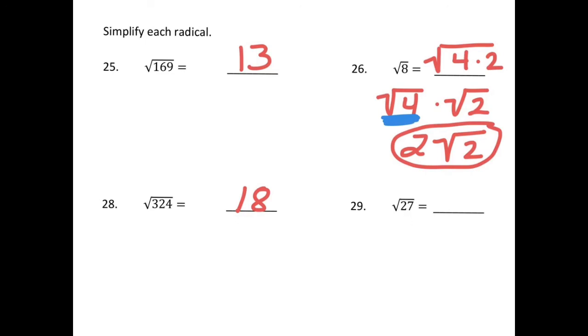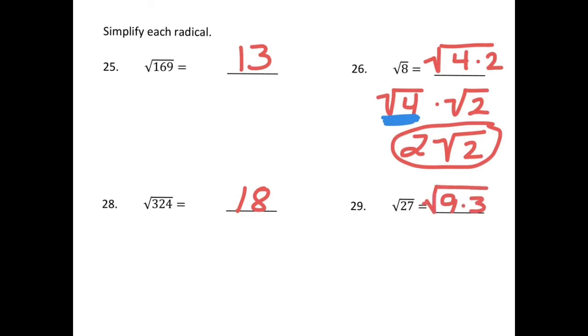Now, the square root of 27. The square root of 27 is obviously not a straight number. This is going to be something a little more difficult. So what you are going to do in this case is look at the factors of 27. Well, I know that I get 27 by multiplying 9 times 3.